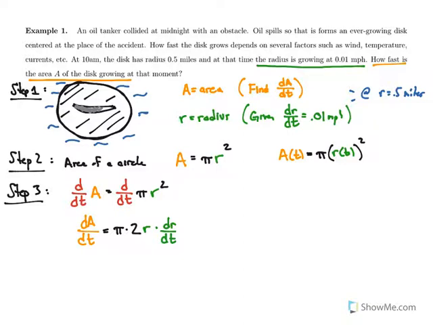So step 4, we have all our values. We've taken our derivative. Let's plug it in and answer the question. We're looking for dA/dt, and this is going to be equal to 2 pi. R is, at this point, 0.5 miles, and the derivative at that point is 0.01 miles per hour.